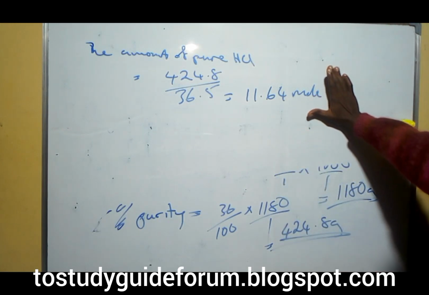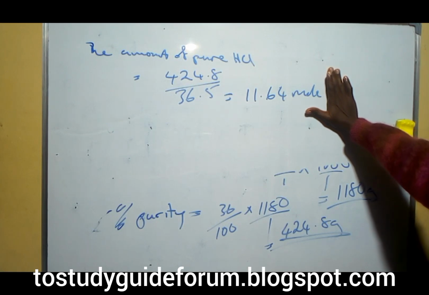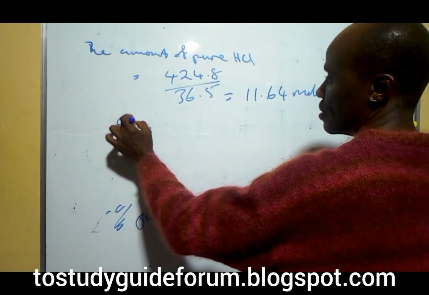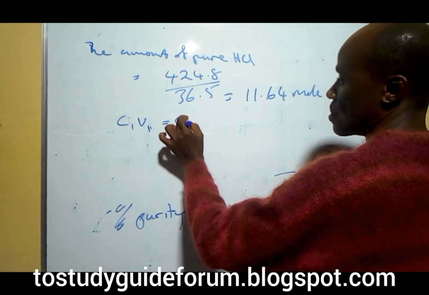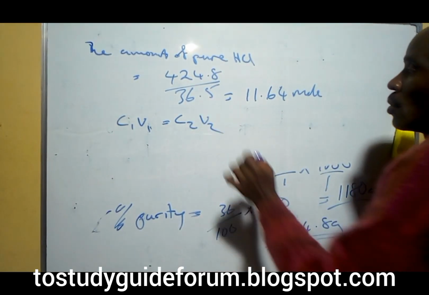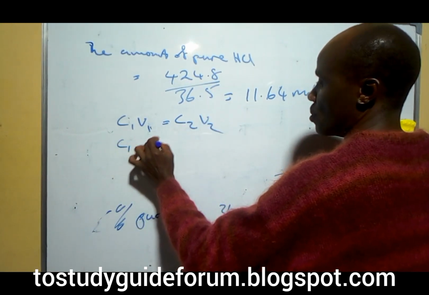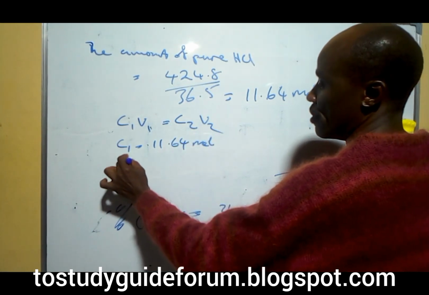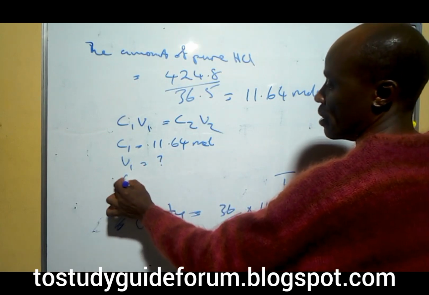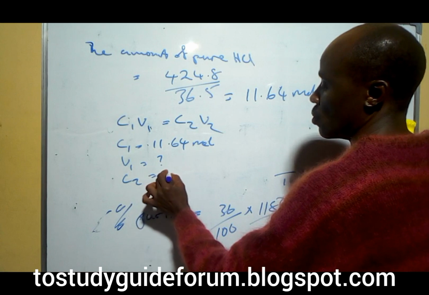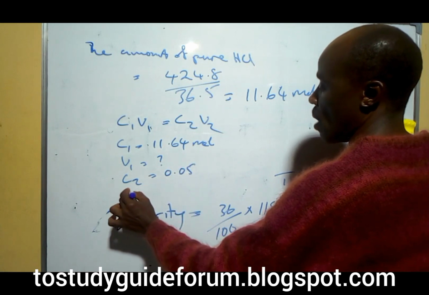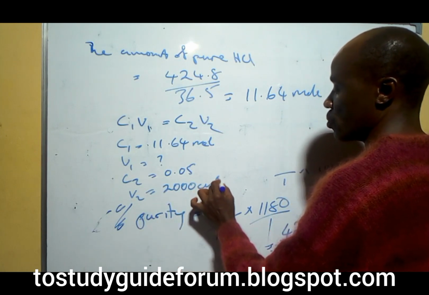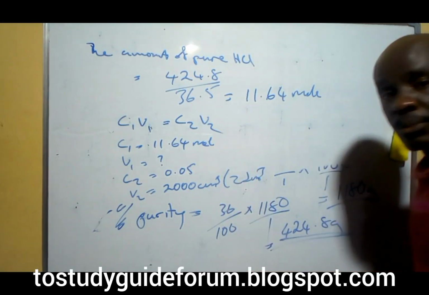Since we have been able to get the amount in the stock we're using, we know that the dilution formula is C1V1 = C2V2, where C1 is 11.64 moles, V1 is the volume we are looking for, C2 is 0.05 mole, while V2 is equal to 2000 cm³ or 2 dm³.